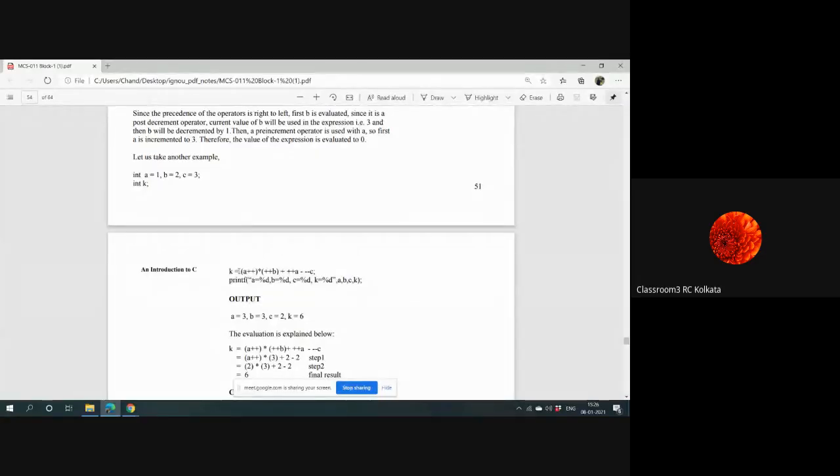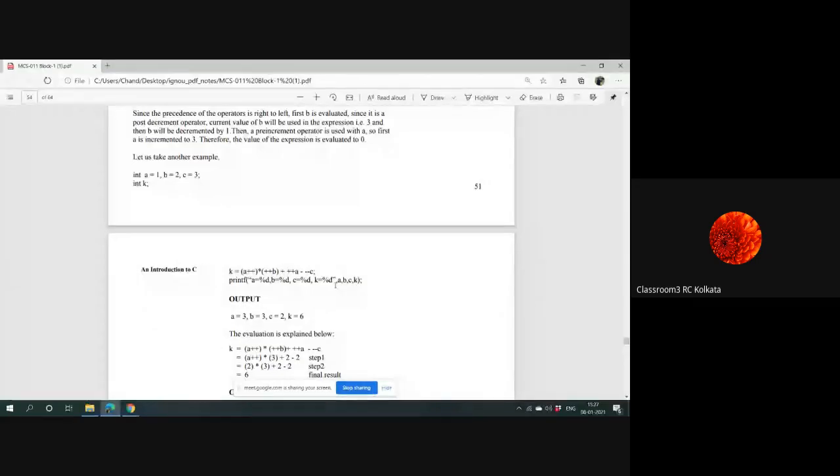Actually, as I have to explain the maths, that's why I converted to Bengali, but now again I am repeating it in English. See, a equals to 1, b equals to 2, c equals to 3. Now k equals to a plus plus into plus plus b plus plus plus a minus minus minus c. And we have to finally print the a, b, c and k because all need to be printed.